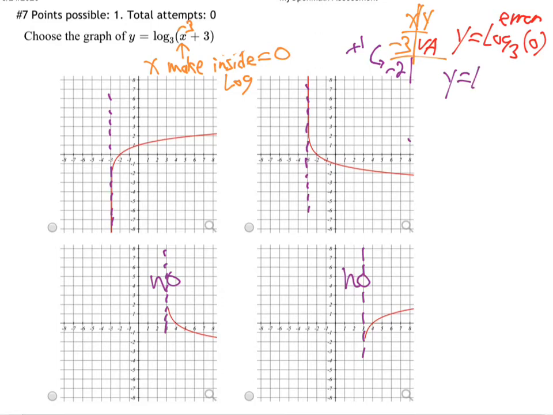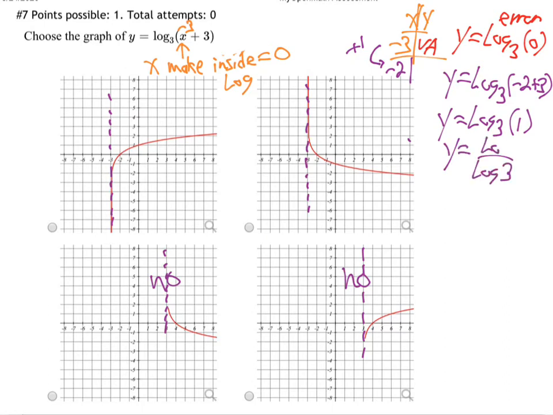So plug in negative 2. You get log base 3 of negative 2 plus 3. You get log base 3 of 1. Remember, the base goes to the bottom, other one on the top comes out 0. So back 2 up 0 right there. And right there, they both have that point.